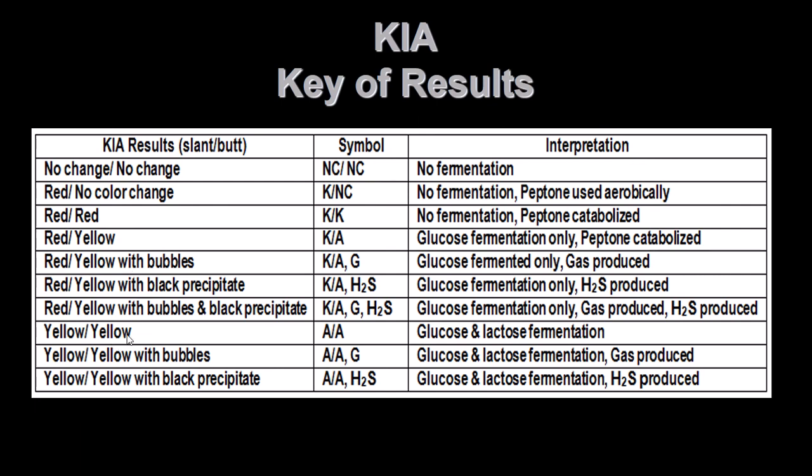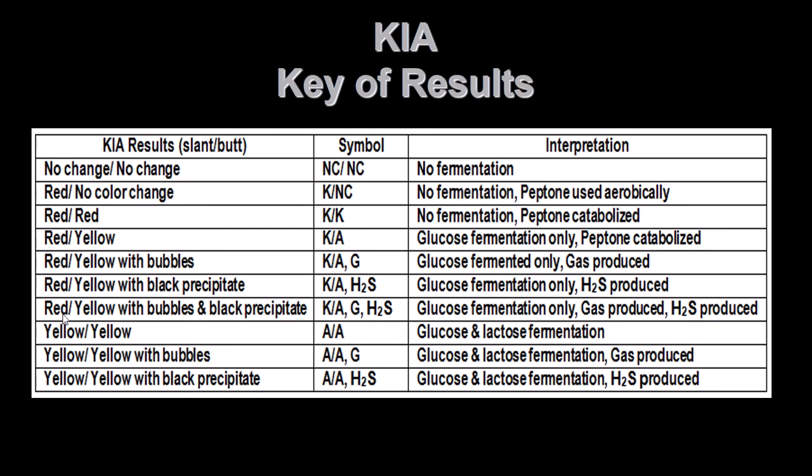And the red over yellow with black precipitate, the black precipitate indicates H2S, as simple as that. It means hydrogen sulfide is produced, and this has a meaning. So K over A with H2S means glucose is fermented and H2S is produced. The black color means hydrogen sulfide.